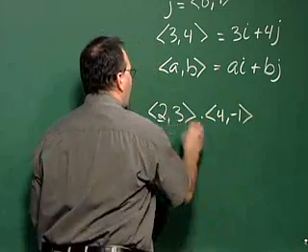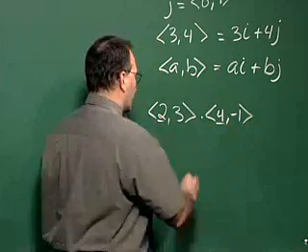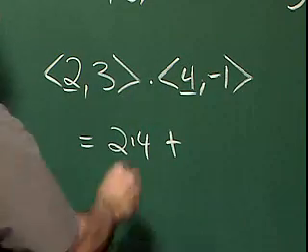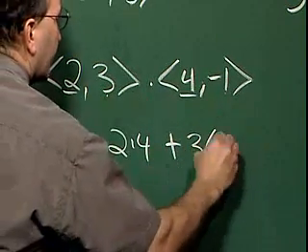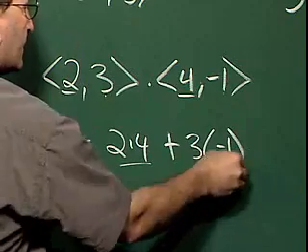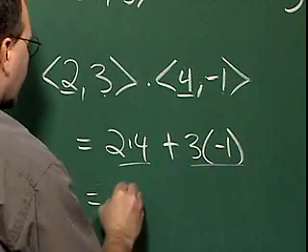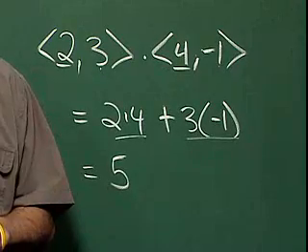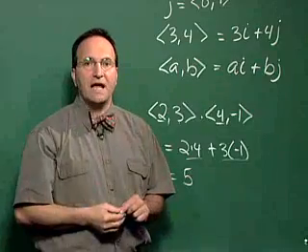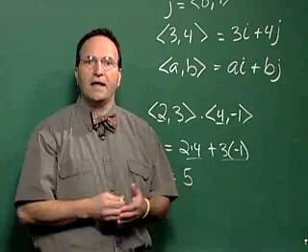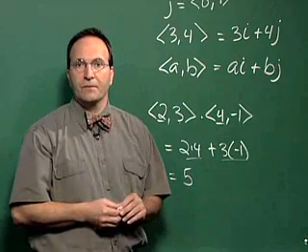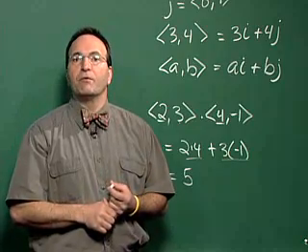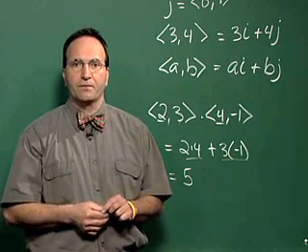So we multiply 2 times 4, and we add to that multiplying 3 times -1. So 8 minus 3 gives me a dot product equal to 5. So it's as simple as that if you're looking at this saying, wow, okay, that's easy. In fact, it is. Let's look at some other properties of dot products before trying more examples.